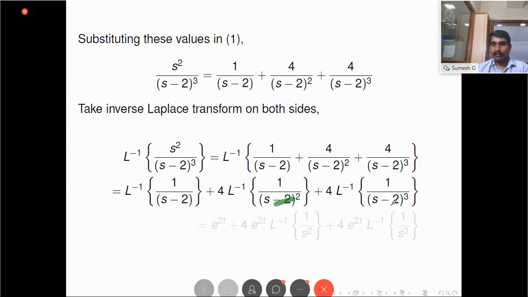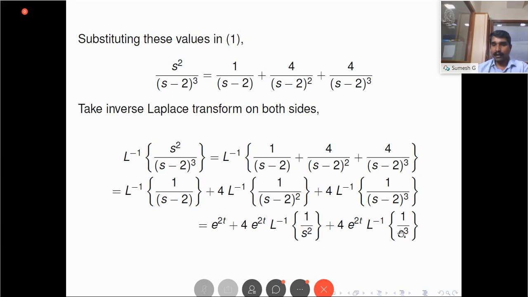The same procedure can be applied for the last expression. To eliminate this minus 2, we have to multiply this expression by e raised to 2t. So it becomes e raised to 2t plus 4 into e raised to 2t into inverse of 1 by s square plus 4 into e raised to 2t into inverse of 1 by s cube.